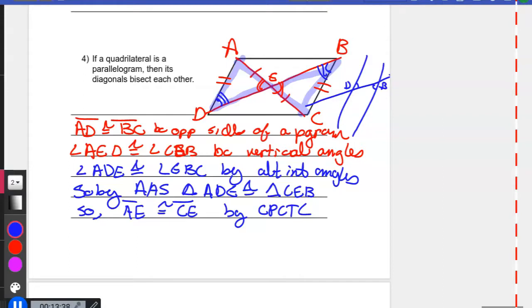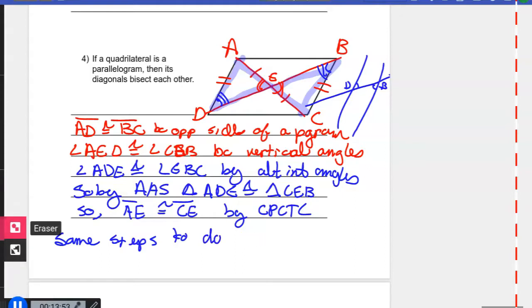Now the exact same steps would prove the other two. To do DE, actually, we can just do it right there because they're still part of that triangle.